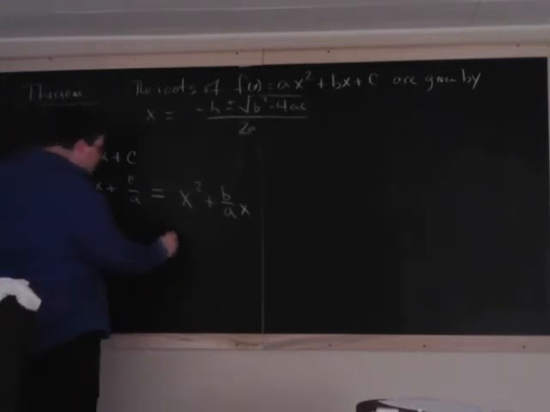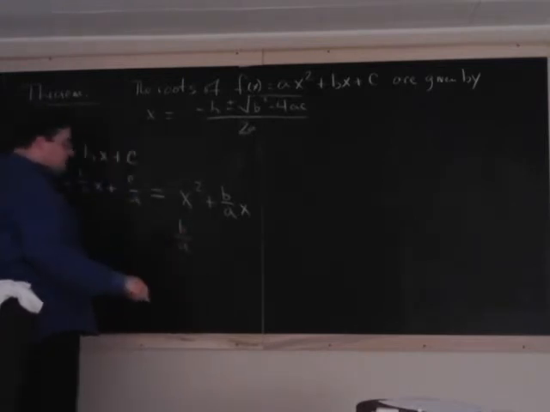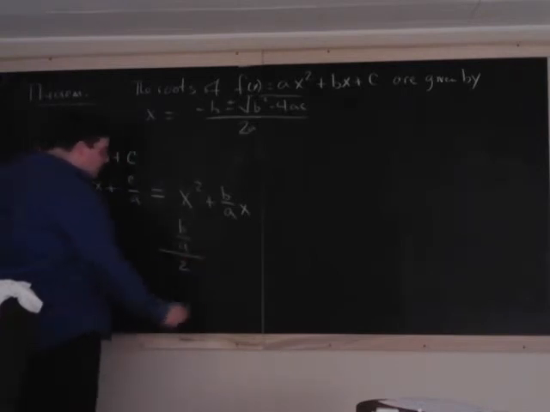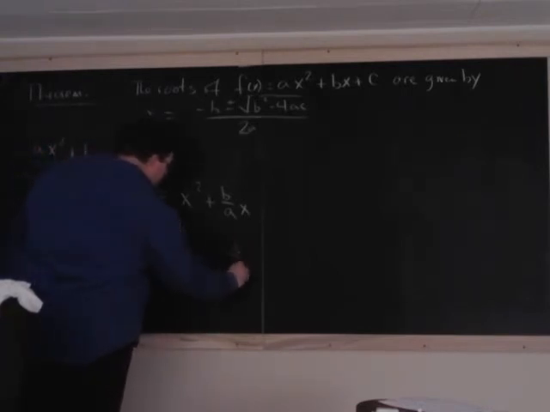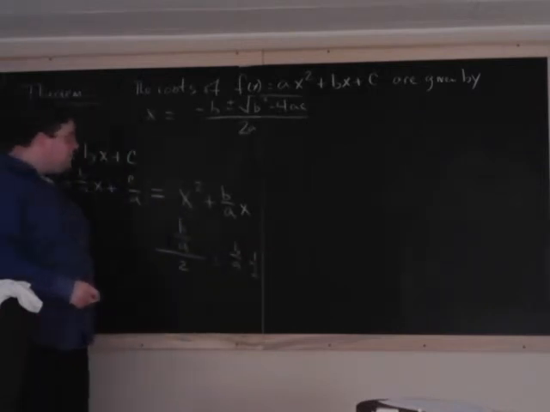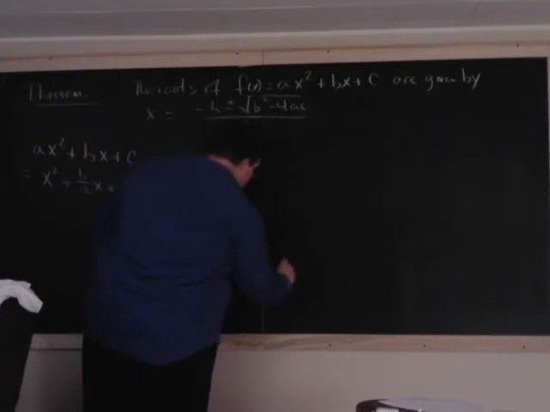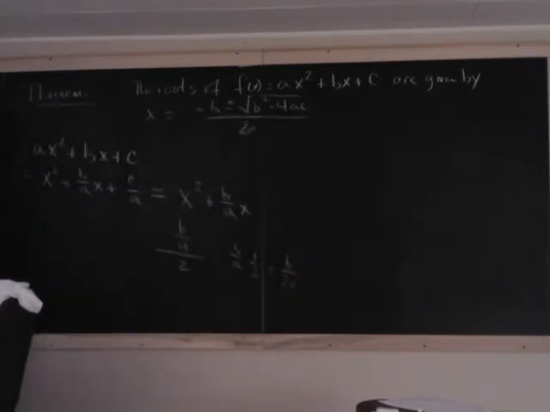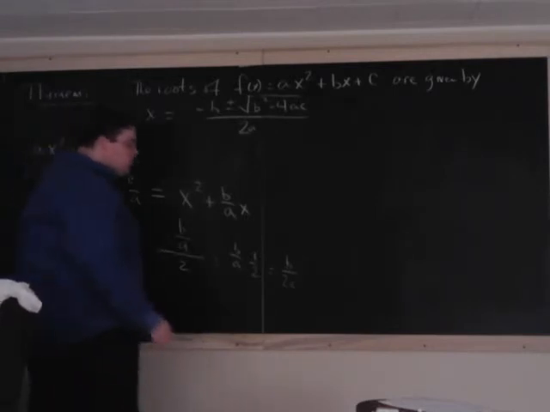We have b over a, and we're dividing it by 2. Dividing it by 2, of course, is the same as multiplying it by a half, which is the same as just putting an additional 2 in the denominator. So we want half of this term, and then we want to square it. So we actually want this thing squared.